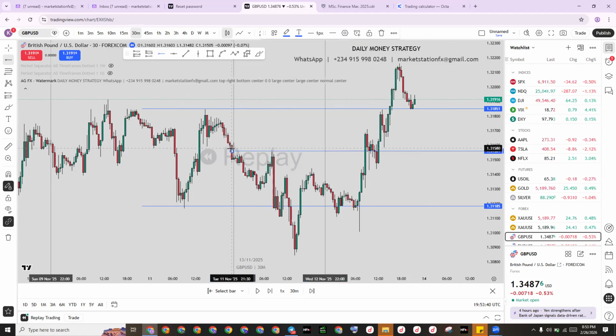Can you see that when it goes to 50%, it's almost reversed, right? So the first target is 50%. The second target is the high. Do you get the three candle model now, please?